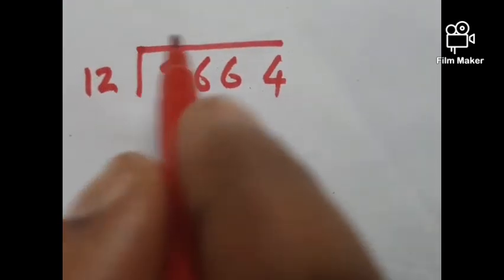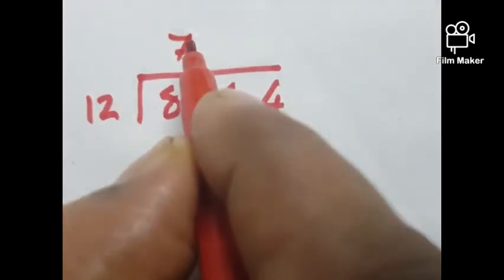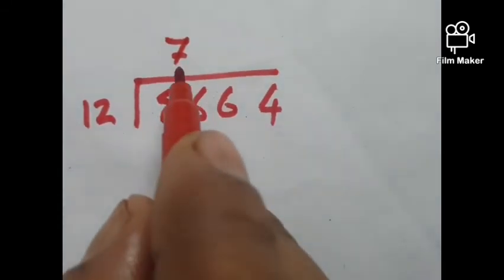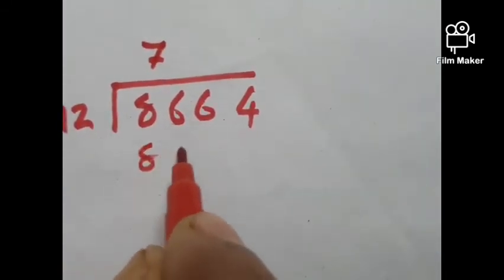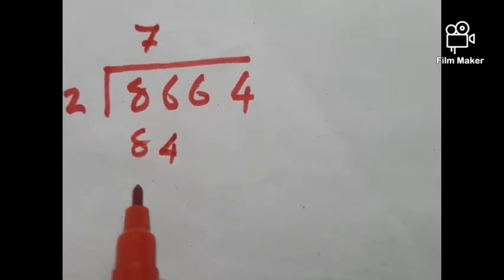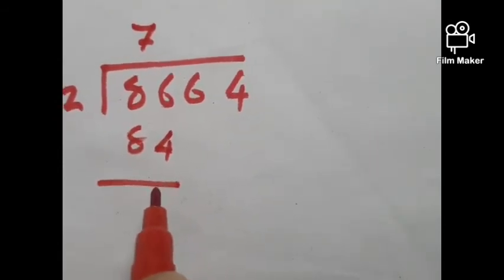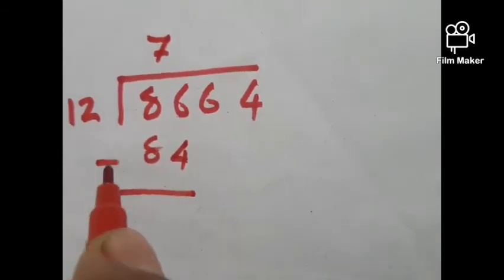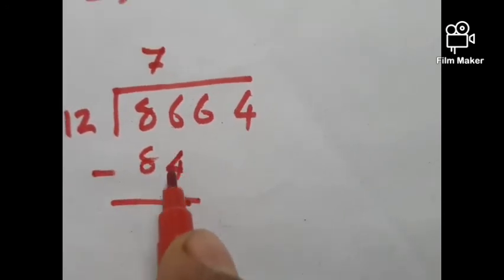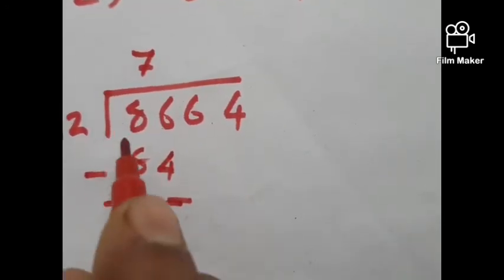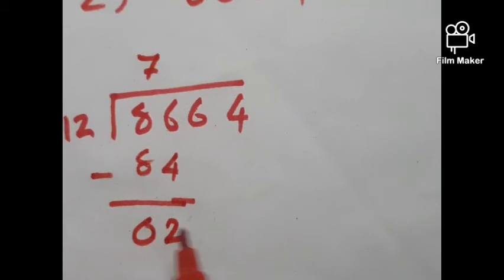So the quotient will be 7. So we write 7 in the quotient place and 84 below 86. Now subtract 84 from 86. 6 minus 4, 2. 8 minus 8, 0.